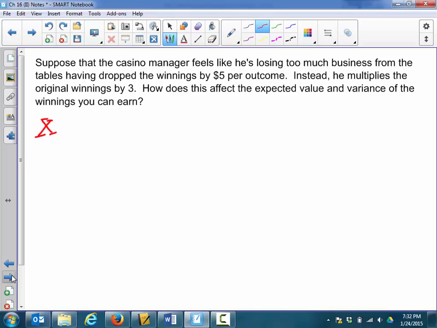So if x is again defined to be the amount won in a game, and notice that the random variables here are painting gambling as being really favorable. There are no losses in any of these examples, but that's just for the sake of convenience. It makes it easier to work with, to explain.